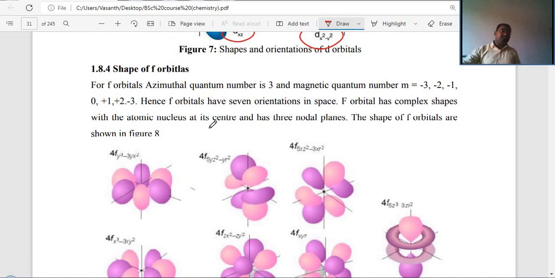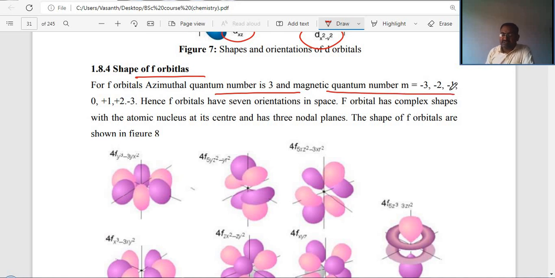Next, we will move on to the shapes of the f orbital. The f orbital's azimuthal quantum number is 3 and the magnetic quantum number is -3, -2, -1, 0, +1, +2, +3. Here, f orbitals have 7 orientations in space. The f orbital has a complex shape with the atomic nucleus at its center and has 3 nodal planes.